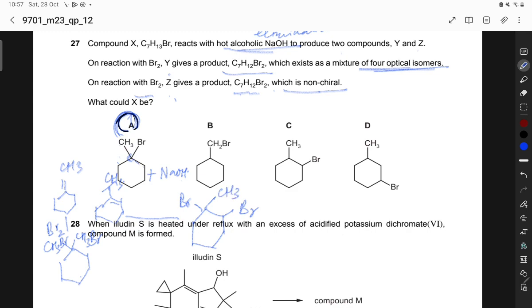If this is further reacted with Br2, it gives a product which is non-chiral.